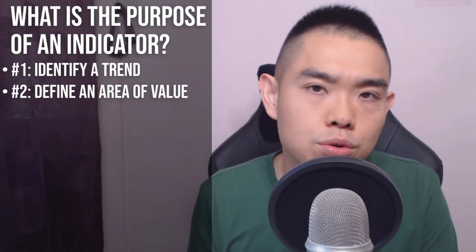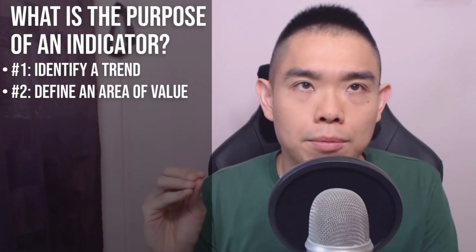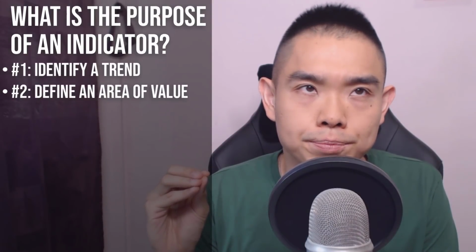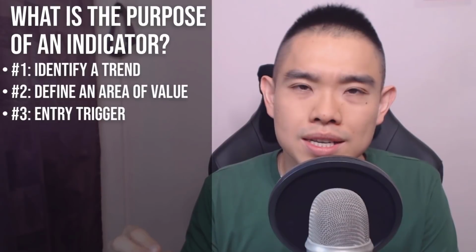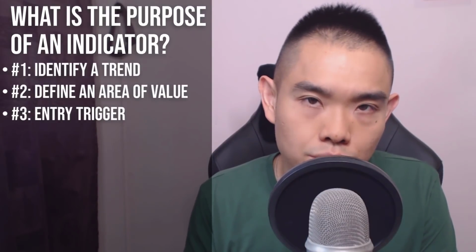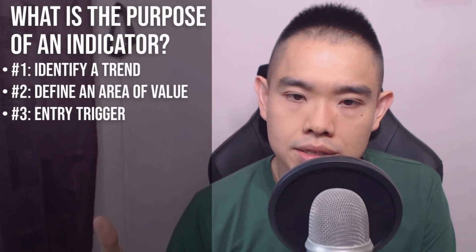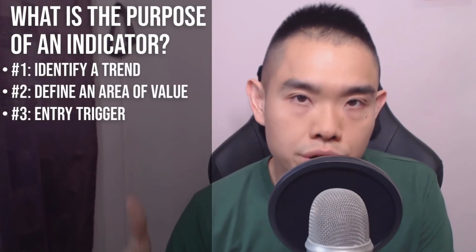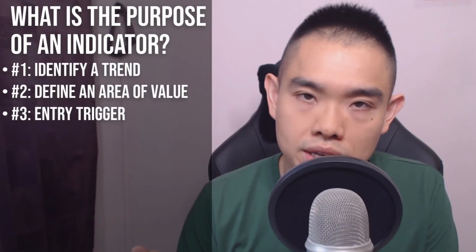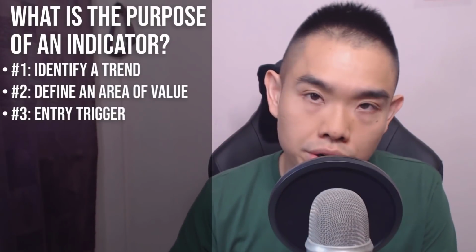The third thing that you can use indicators for is that they help you to time your entry. They serve as an entry trigger to get into a trade. So what do I mean by entry trigger? Let's say, for example, the stochastic crossing above 20 could be a trigger to buy.